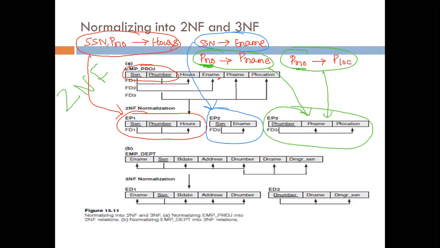If it is depending on only one and not on the other, then it is violating the second normal form. If it is violating the second normal form, then we'll decompose the table. The whole intention of second normal form is to make a non-prime attribute depend completely on the primary key. The primary key can have any number of attributes.